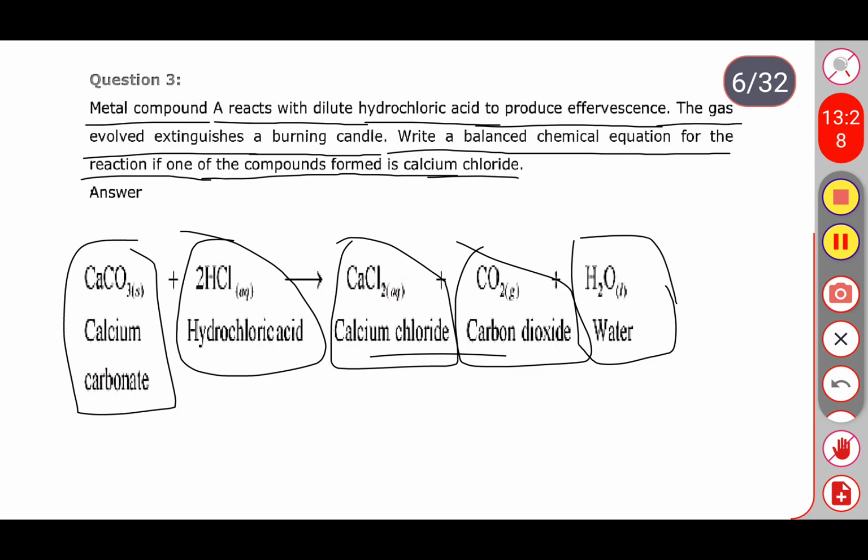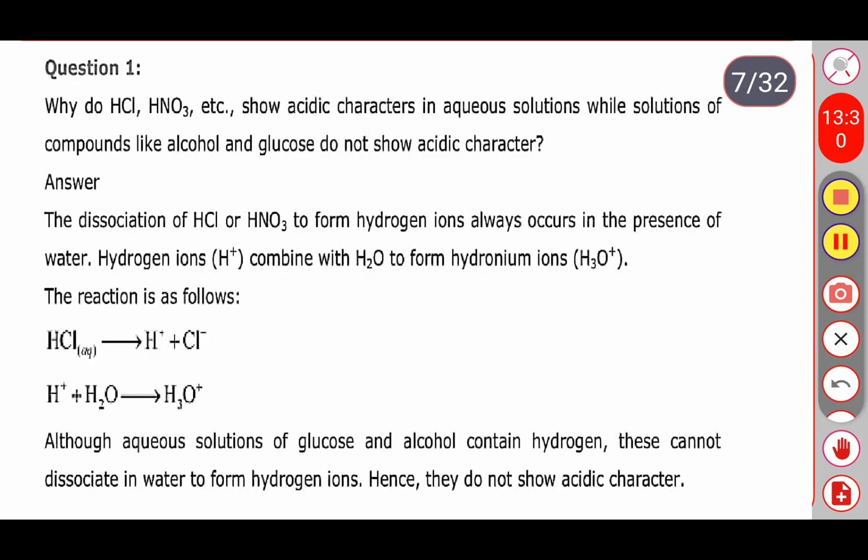Why do HCl, HNO3, etc. show acidic characters in aqueous solution, while solutions of compounds like alcohol and glucose do not show acidic characters?